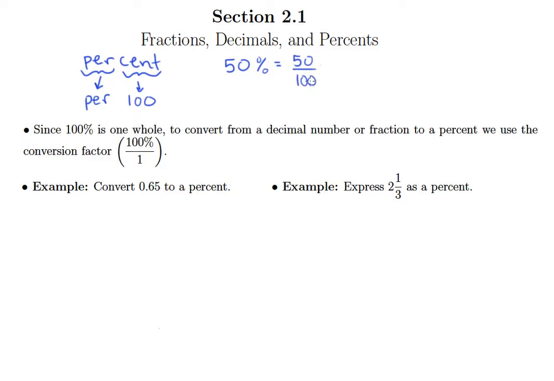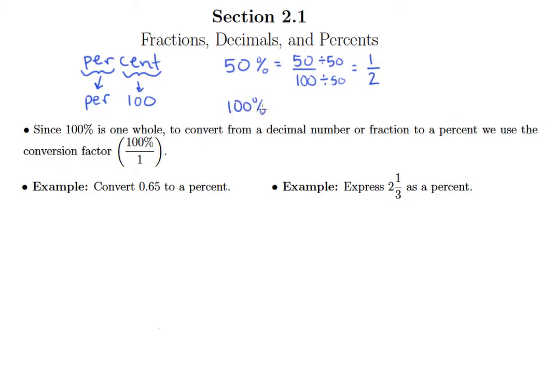Now you should already have a sense that 50% is half of something. You've probably understood that just from your everyday encounters with percentages. And with this definition, it makes perfect sense because, of course, you would reduce this fraction and find that 50% is half, right? 100%.